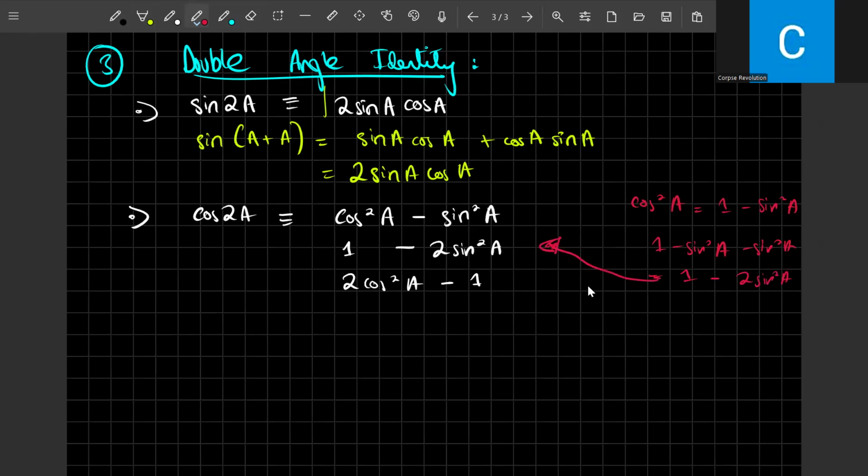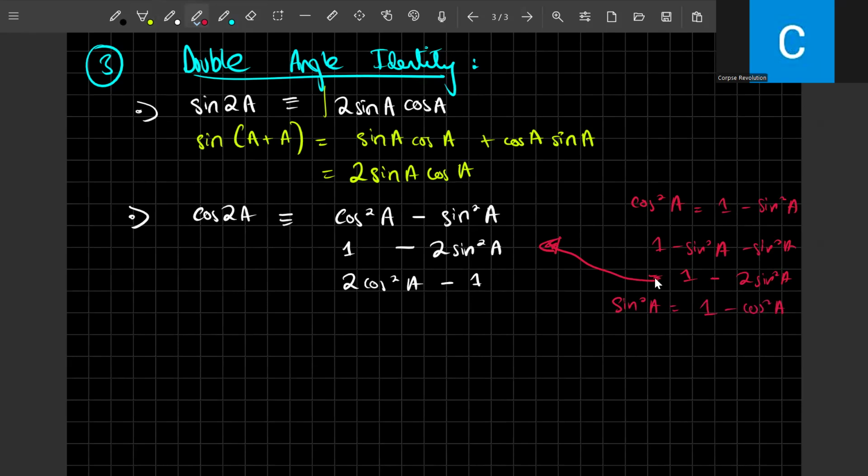Now, similarly, if we expand sine square a, we get 1 minus cos square a.